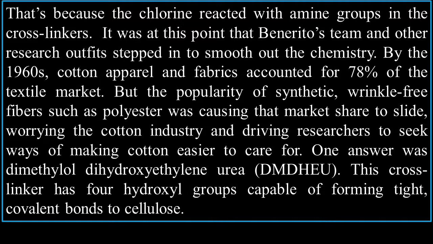By the 1960s, cotton apparel and fabrics accounted for 78% of the textile market. But the popularity of synthetic, wrinkle-free fibers such as polyester was causing that market share to slide, worrying the cotton industry and driving researchers to seek ways of making cotton easier to care for.